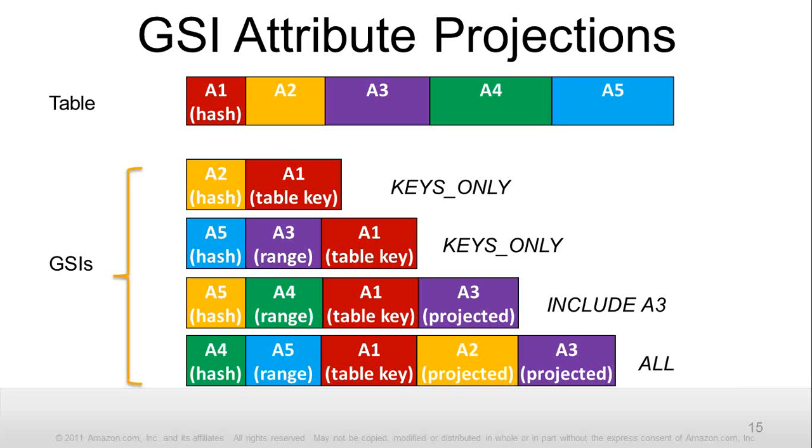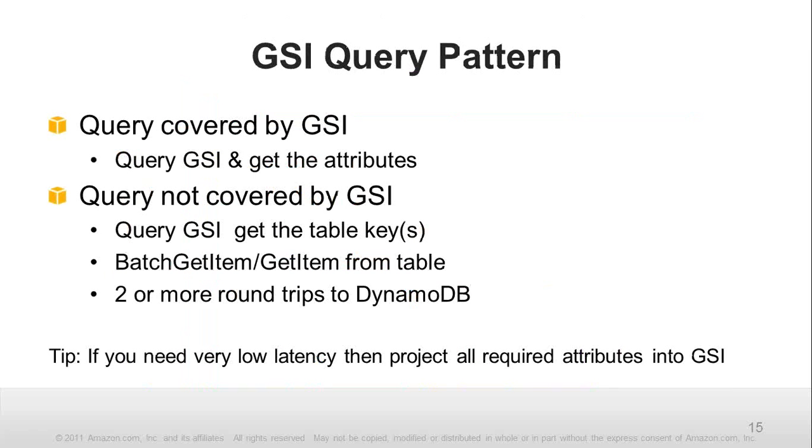That is the last case there, where I have A4 and A5 as the hash and the range key. So these are all the various possibilities when you define a global secondary index and what you can project. Automatically, the base table key is projected in all the global secondary indexes that you create.